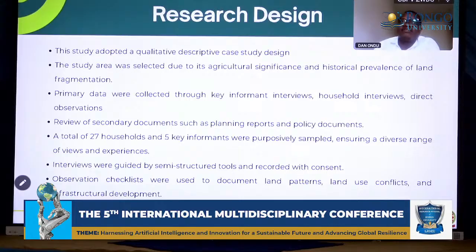The study interviewed 27 households, and it is important to know that this number was reached through arguments from scholars, for instance Priman, on how to reach a good number of participants in a qualitative research design.